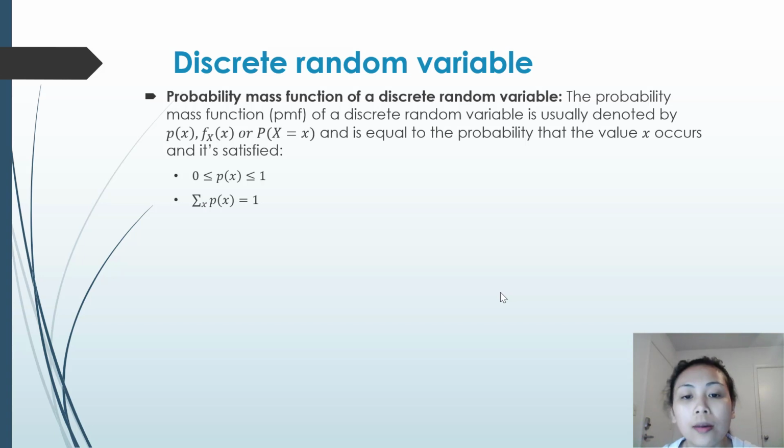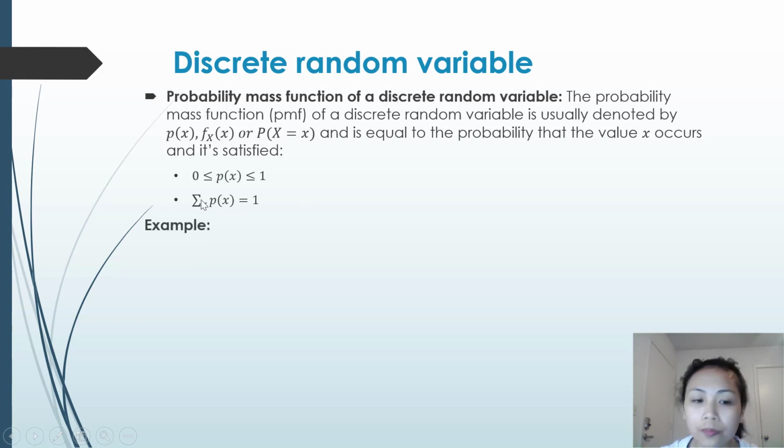And this probability is equal to the probability that the value x occurs and it satisfies two properties. The first property is the PMF at any possible value of x is between 0 and 1, and all of the probabilities should add up to be 1.